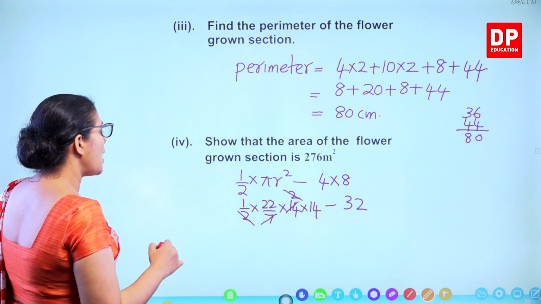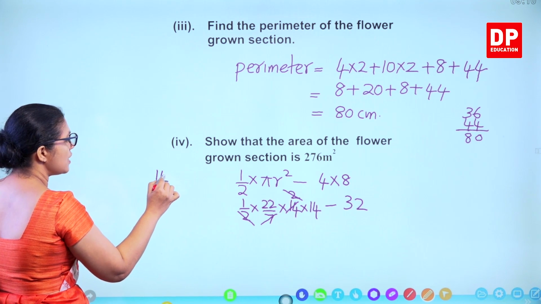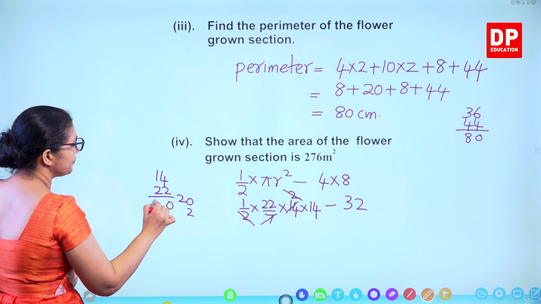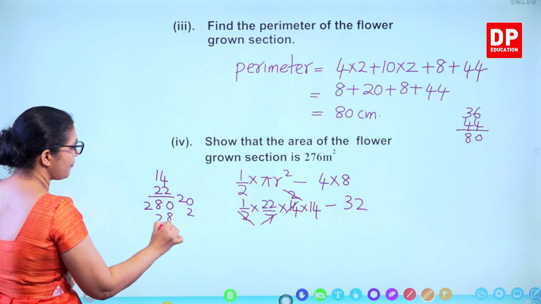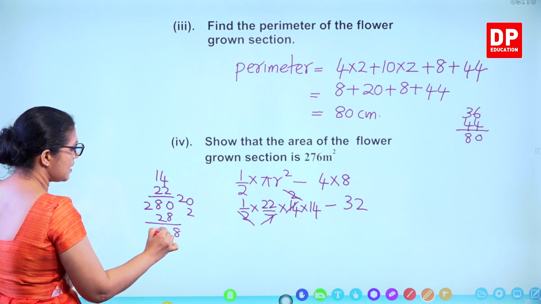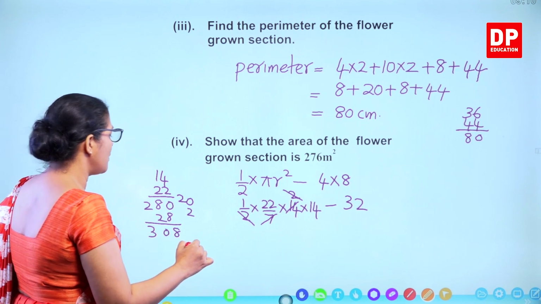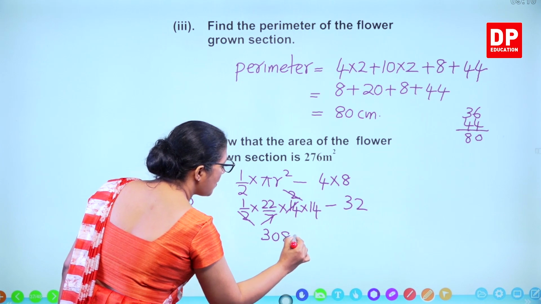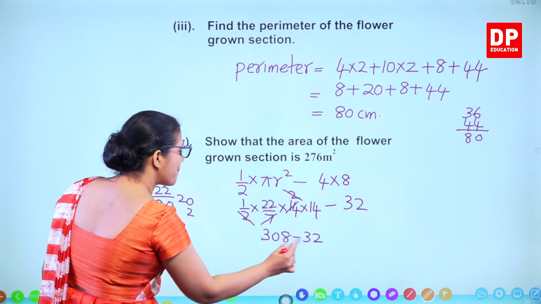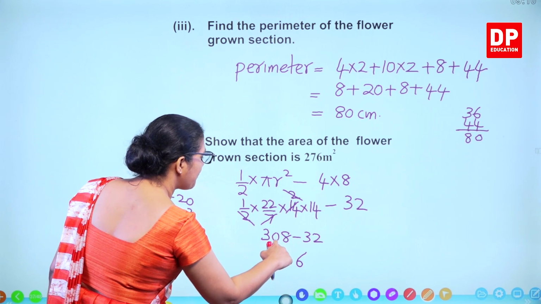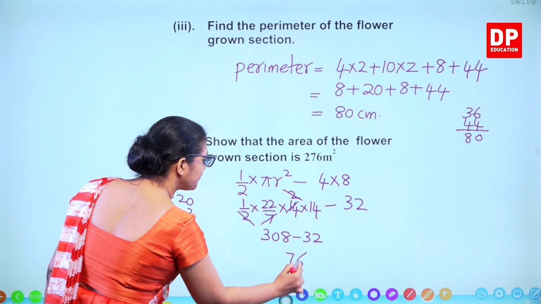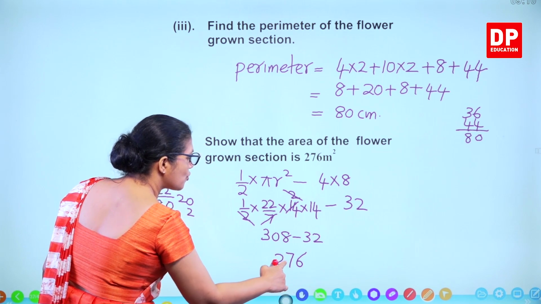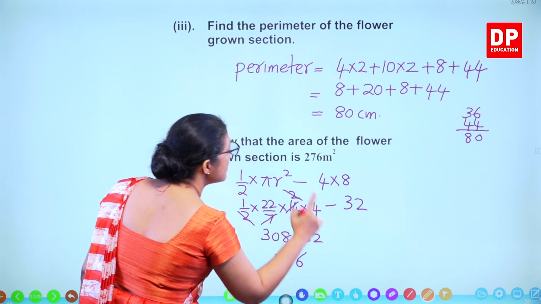So 22 times 14, that's 308. So 308 minus 32. So you get 6, 7 and 2. So 276.